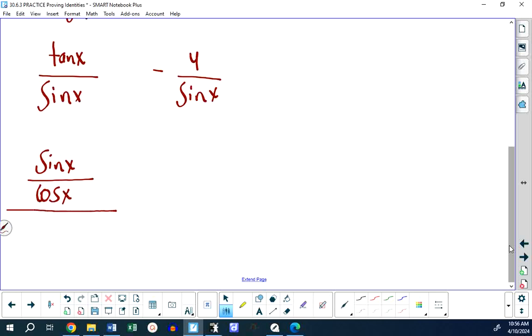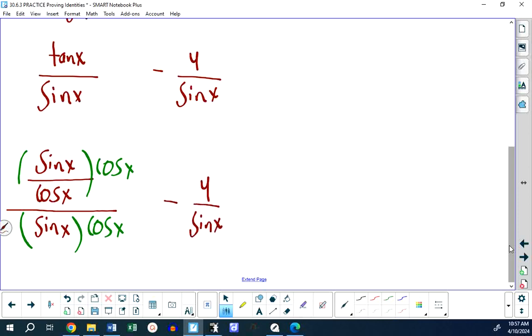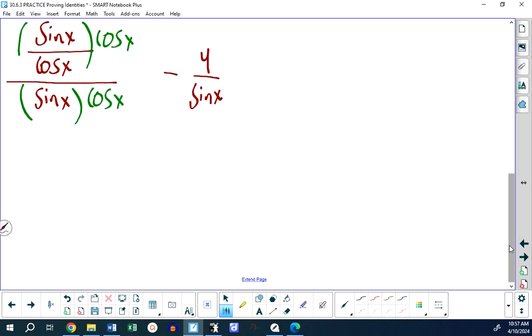I like to make that big fraction, the whole fraction line long. So what you do here is you multiply the numerator and denominator by cosine of x. And let me write this as well, -4 over sine of x. You can cancel a couple of things here, but I would just recommend canceling the cos of x's first to leave you with sine of x on the top over sine x cos x on the bottom.